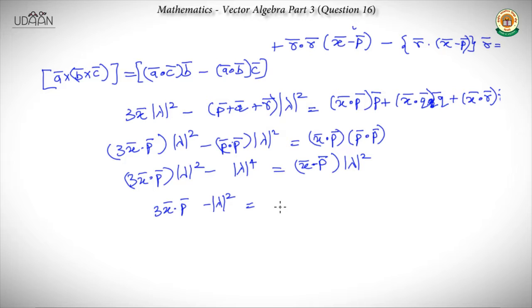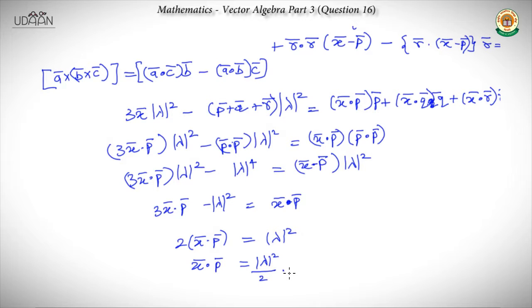That's it. So 2 times x bar dot p bar will be mod lambda square, so x bar dot p bar will be mod lambda square by 2.